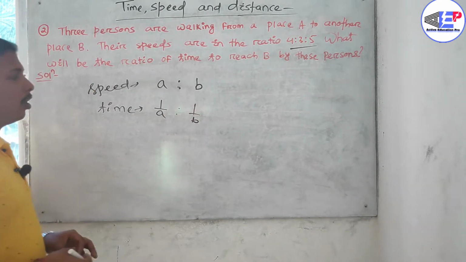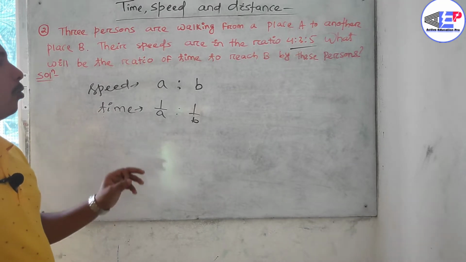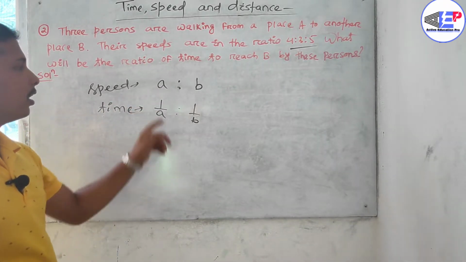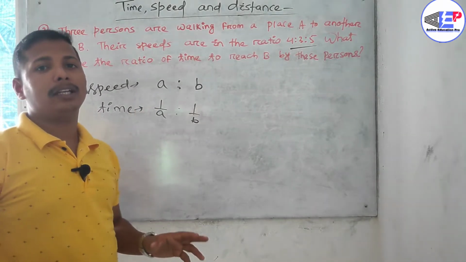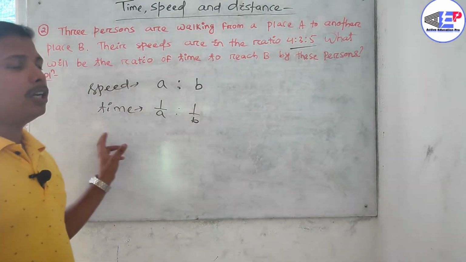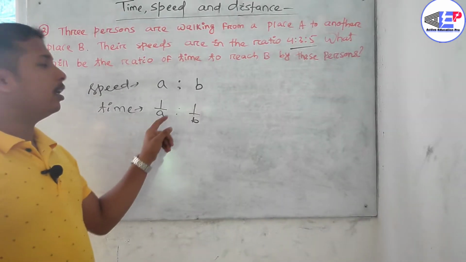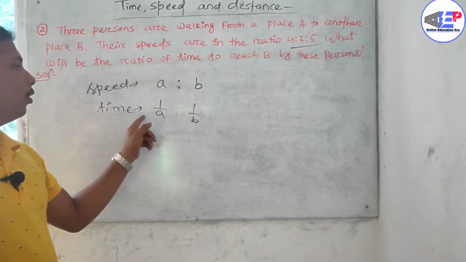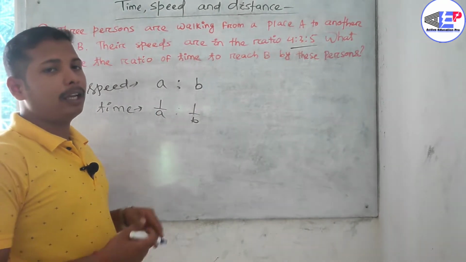That is, here the ratio of the time will be 1 by A is to 1 by B.